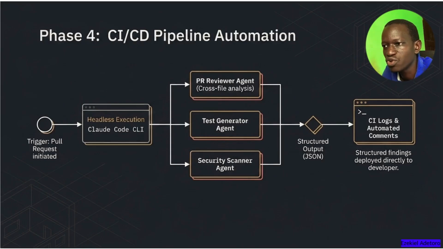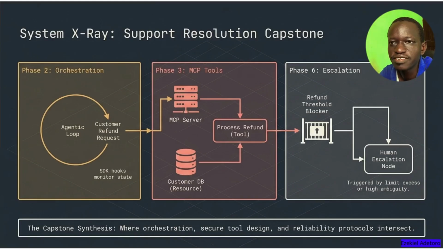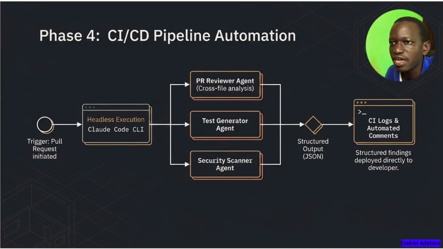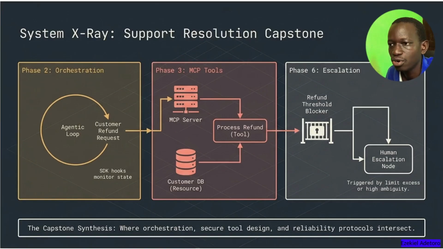So we are going to have a peer reviewer agent, test generator agent, and security scanner agents. Then we also consider the system X-ray, that's support resolution capstone, the capstone project after the CI/CD pipeline automation. Phase 2 is orchestration, phase 3 is MCP, phase 6 is escalation.